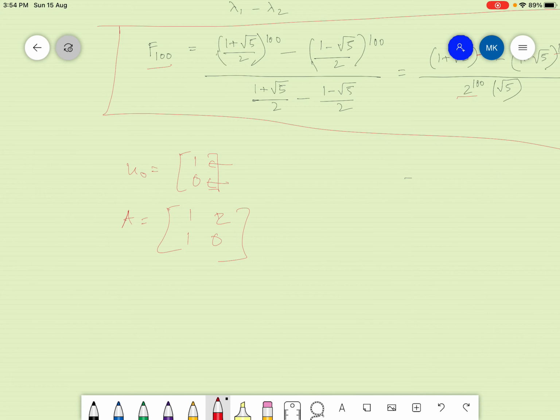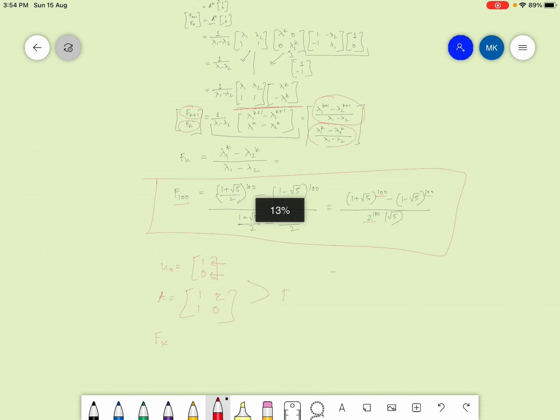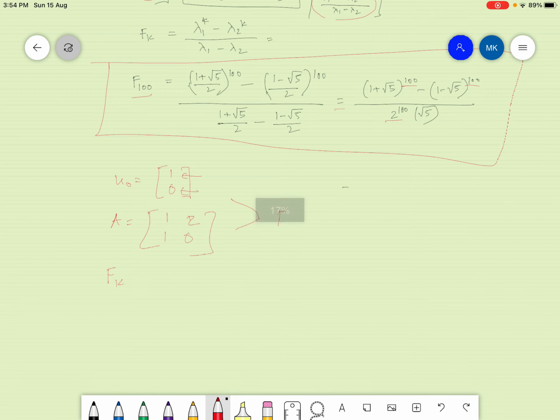So you need to find out the fk, where it follows the equation f of k plus 2 equals f of k plus 1 plus 3 of fk. Okay, so you need to find out the fk.